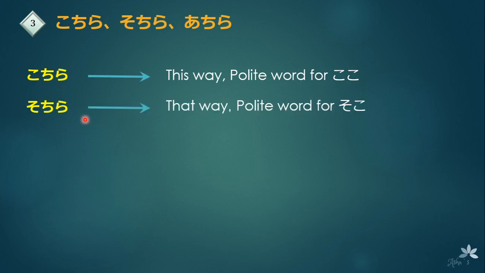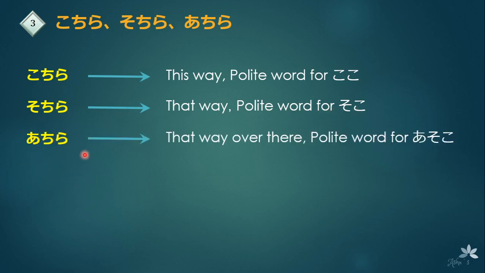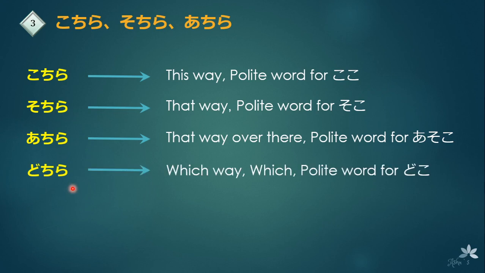Sochira means that way, or it's the polite word for soko. Achira means that way over there. It's also the polite word for asoko. The question word for these words is dochira. Dochira means which way, or it is also the polite word for doko.